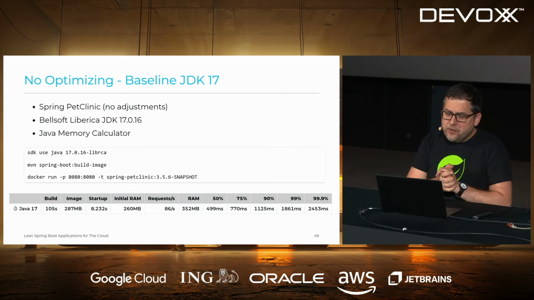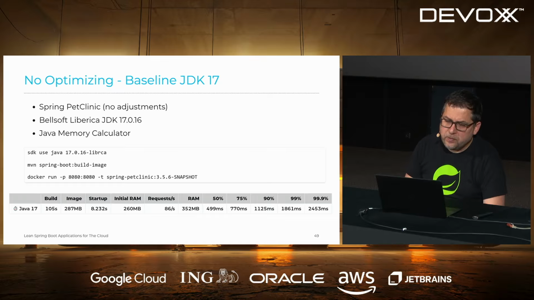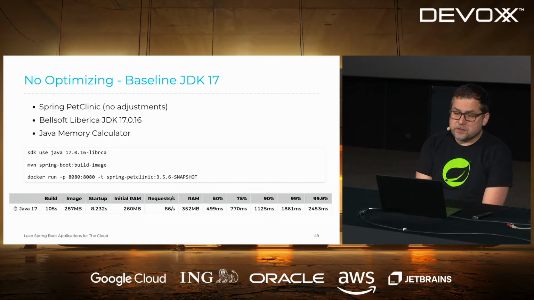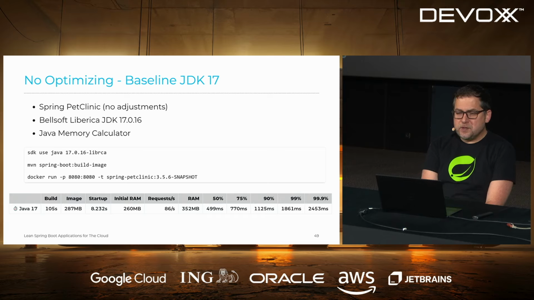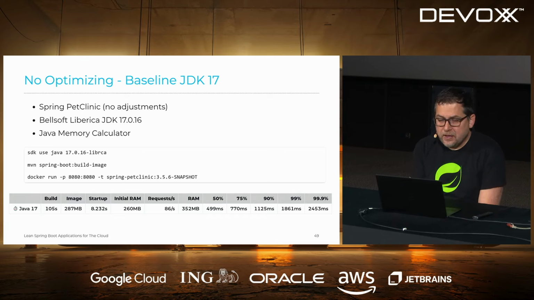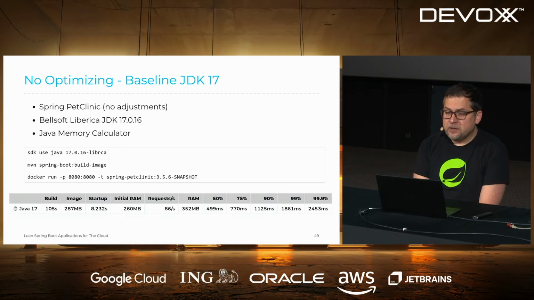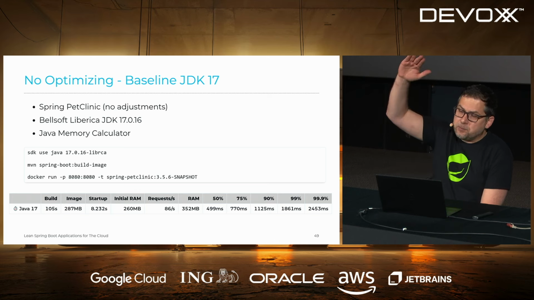So after running the whole benchmarks, you would get the results like 105 seconds build time. We have 278 megabytes of image size for the container. We would see a startup time of about 8.2 seconds, which is actually quite long. If it had more CPU, it would be faster, of course. We have some initial RAM used. We have throughput of almost 90 requests per second. Then you also see the RAM actually peaked.